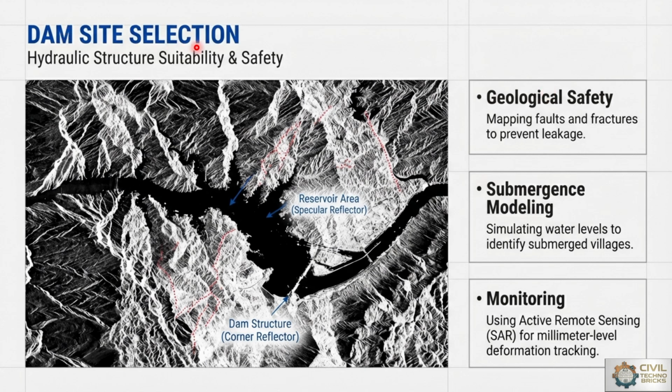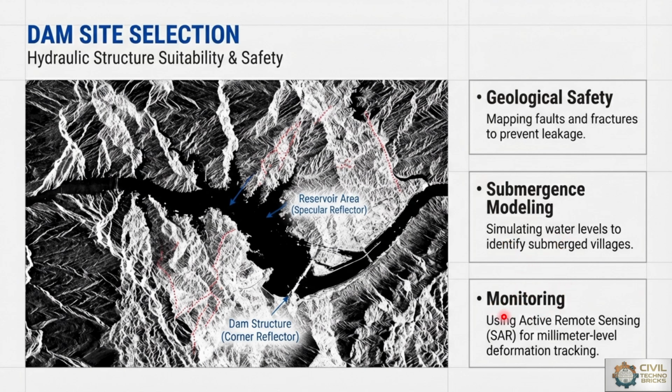On that, we have to check the site selection, where geological safety is based on the faults and fractures. These are the geological components we have to cross check or identify so that we can prevent leakage in the future. Then next, submergence modeling, where we have to check the simulated water levels to identify the submerged villages.